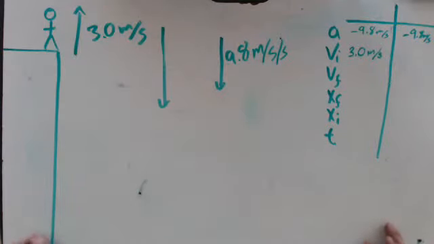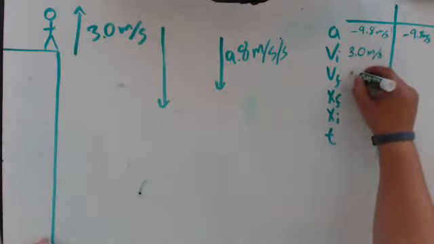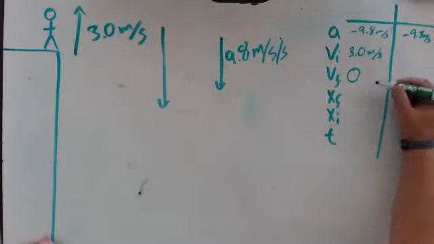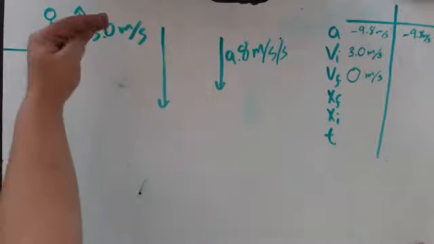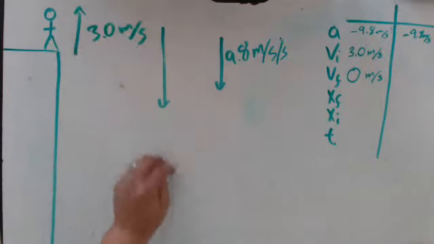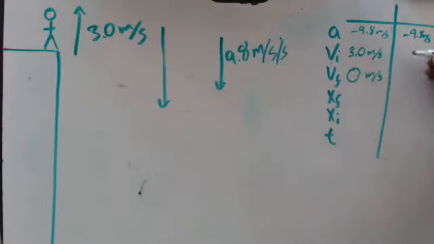At that very top of the motion, the velocity final has to be 0, because if it's not 0, then it's going to continue to climb upwards. It has to stop and then turn back around. So those are both equal to each other.